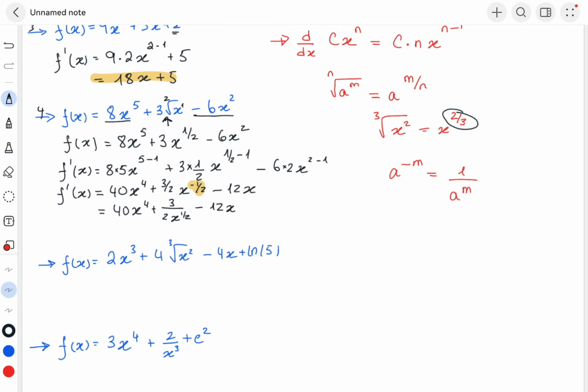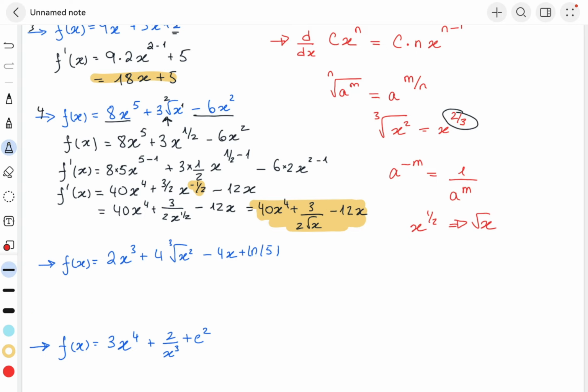And of course you can turn the x to the half into a radical x, where we'll have our final answer as 40x to the 4 plus 3 over 2 radical x minus 12x. This is our final answer.